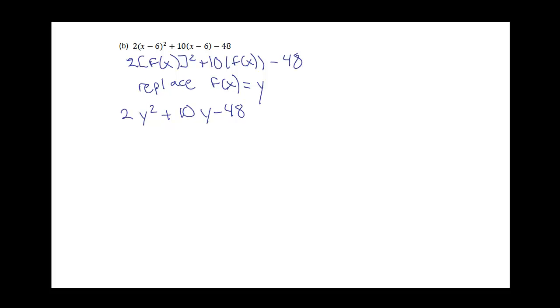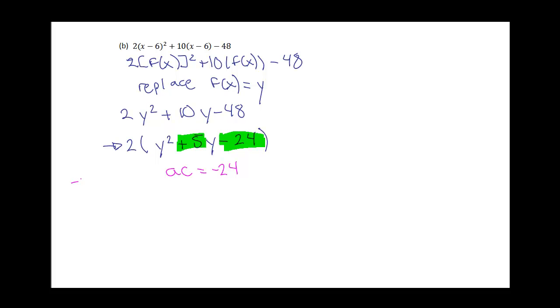Before we go ahead and do that, we can factor out a 2, leaving us with 2 onto y squared plus 5y minus 24. Now, we have an AC here of negative 24. So what are two factors of negative 24 that add to 5?